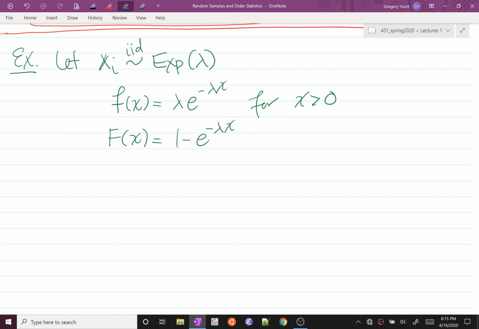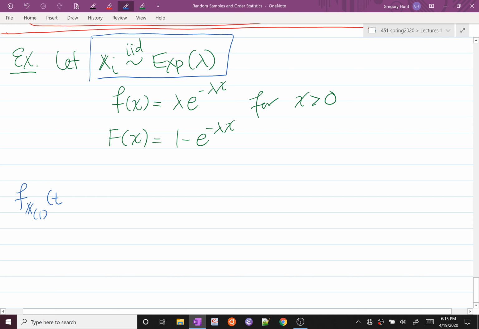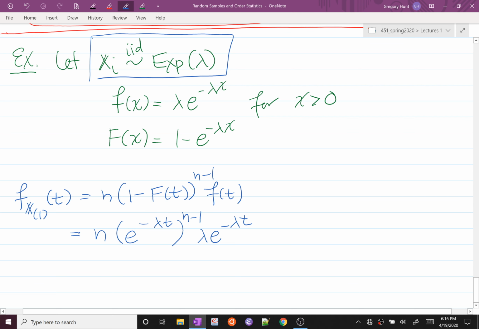So let's get the distribution for the minimum and the maximum of a bunch of exponentials. The PDF for the minimum, our formula was n times (1 minus the CDF) to the n minus 1 power times the PDF. So it's n, and 1 minus the CDF is just e to the negative lambda t, to the n minus 1 power, and then the PDF is lambda e to the negative lambda t.